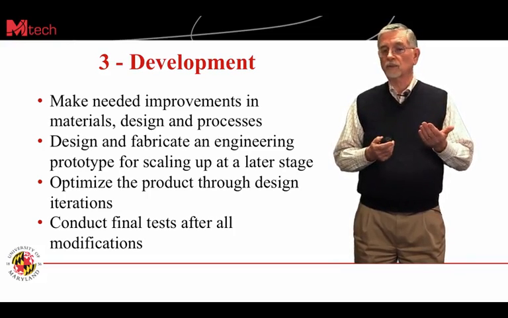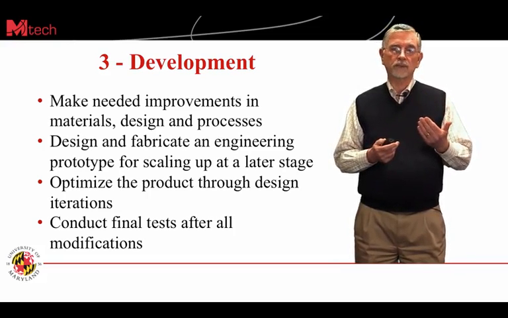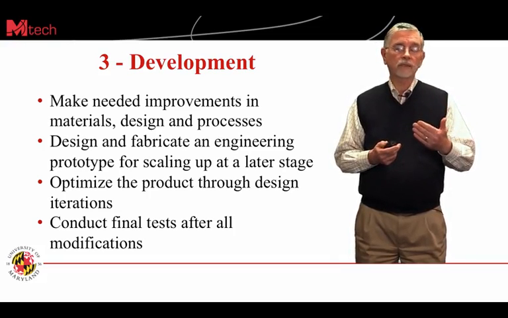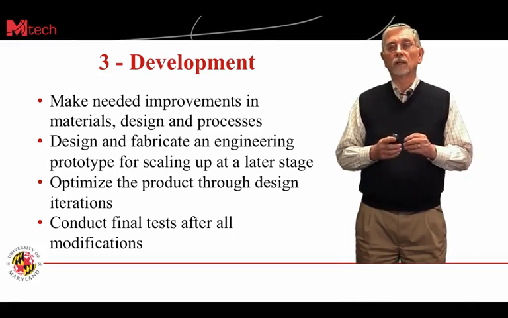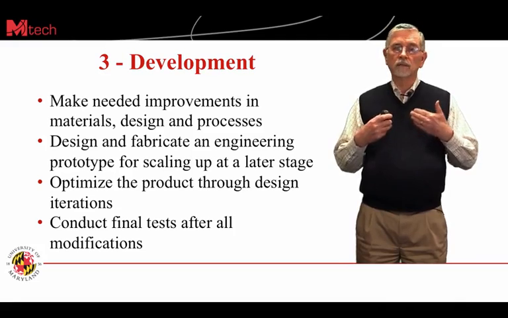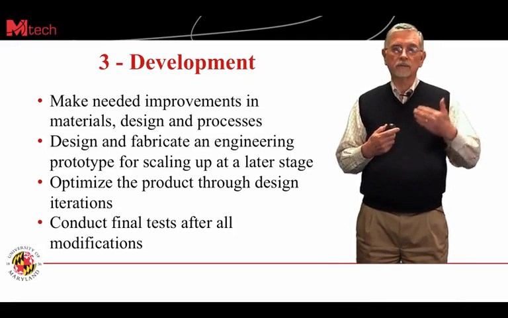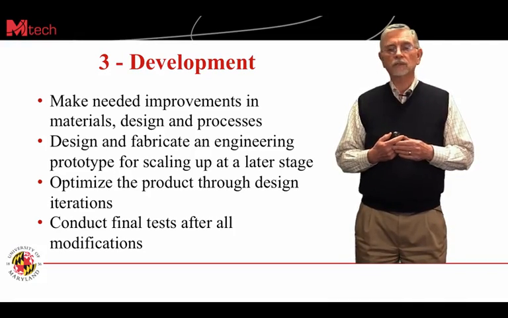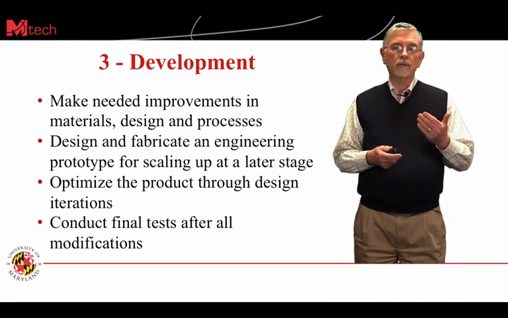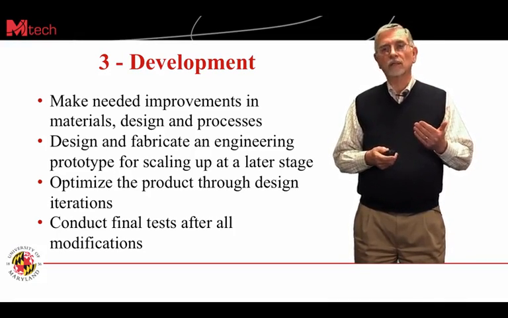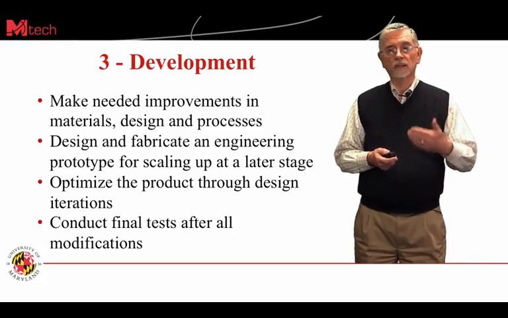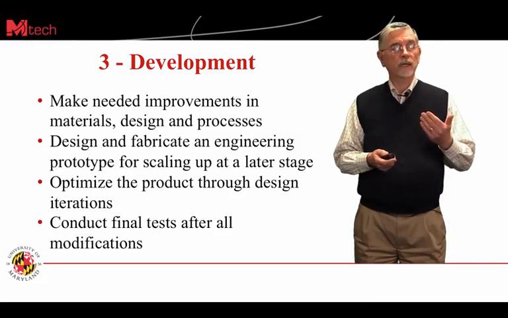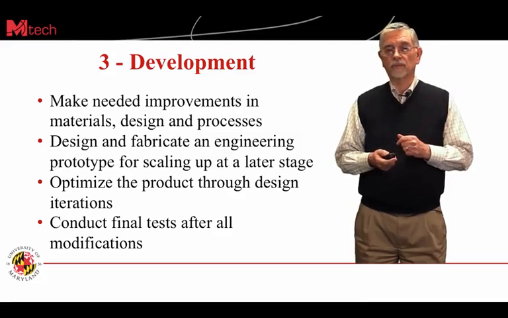And you optimize the product through a series of design iterations. And this is sometimes a lengthy process where designs are tried and then revised and tried and revised again. And finally, you conduct some final tests of how the product actually looks once it's been designed and redesigned and whatever design improvements have been incorporated.